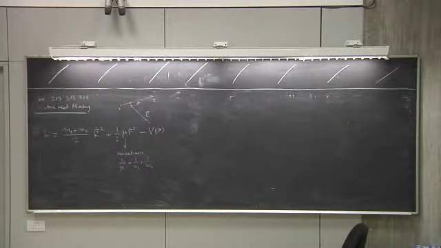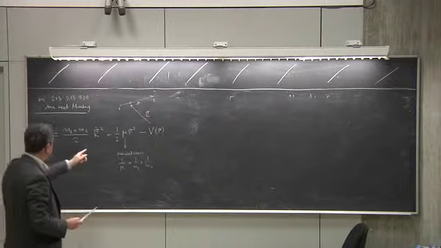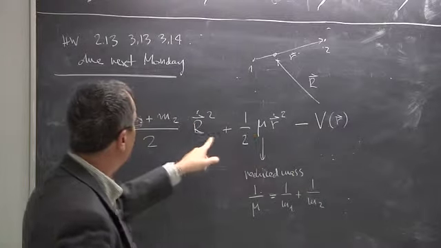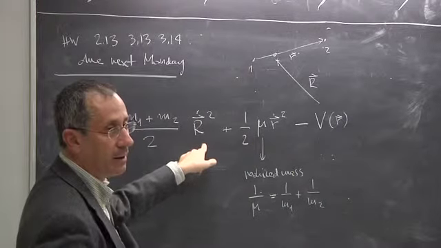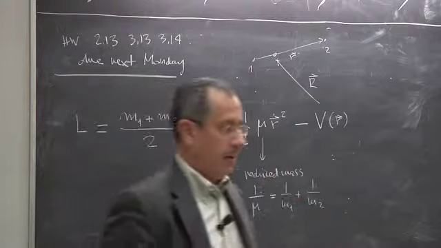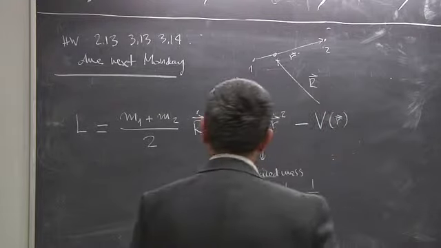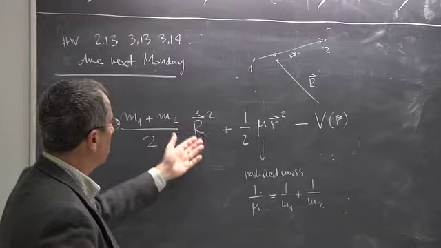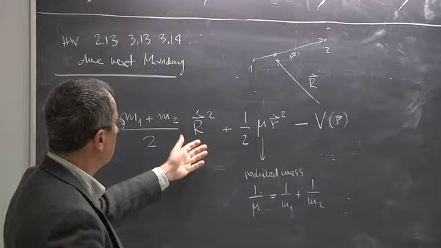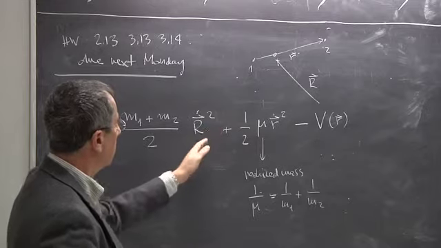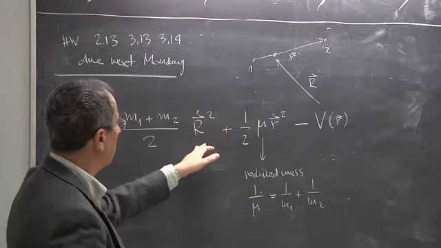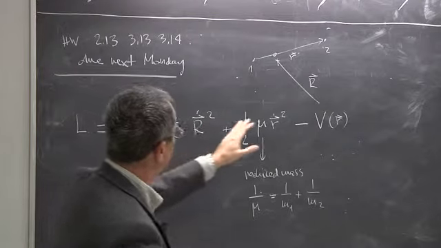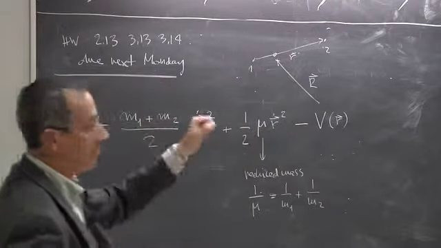So now maybe I should remind you that clearly there is no explicit dependence on capital R, and therefore, one more time, I know that there is a conserved quantity, right? That is the momentum that is conjugate to the missing cyclic coordinate, and this is clearly the momentum of the system as a whole, right?